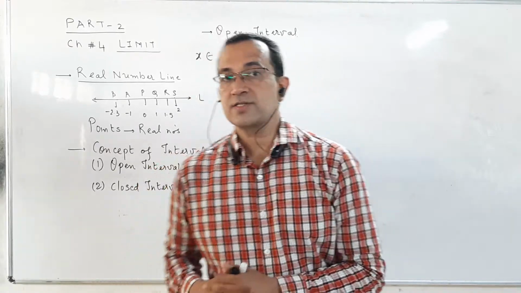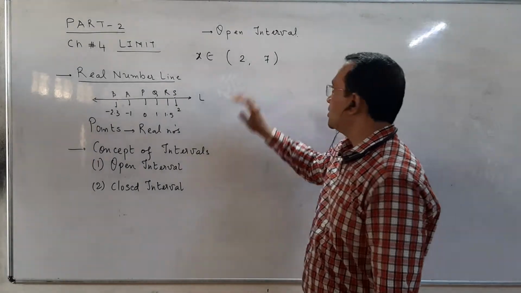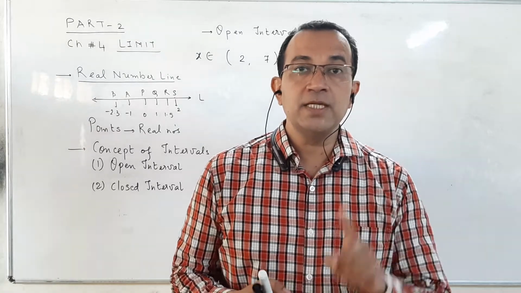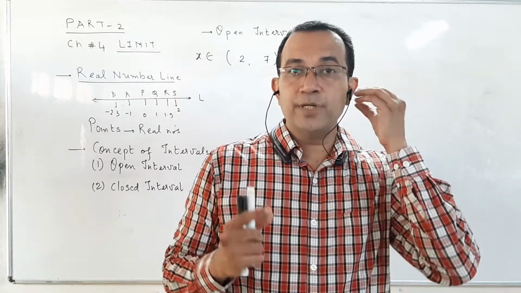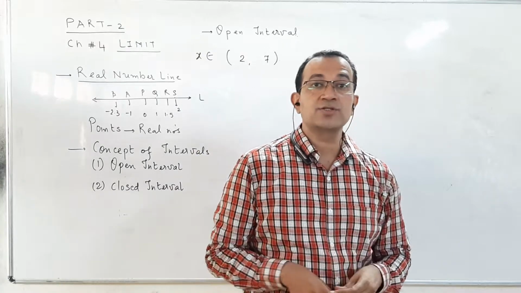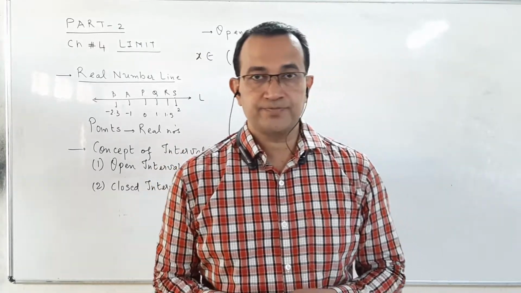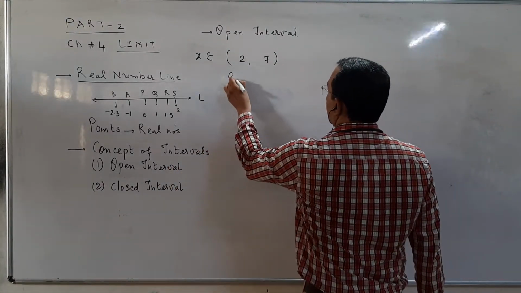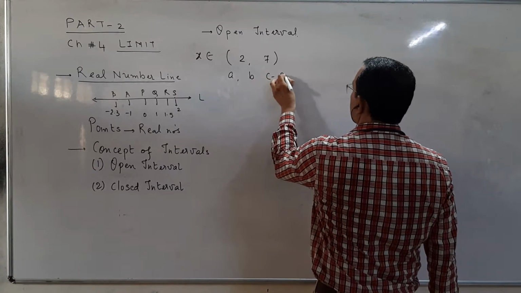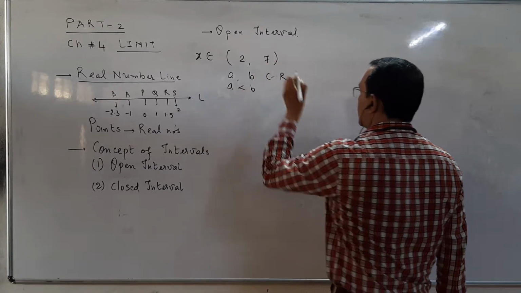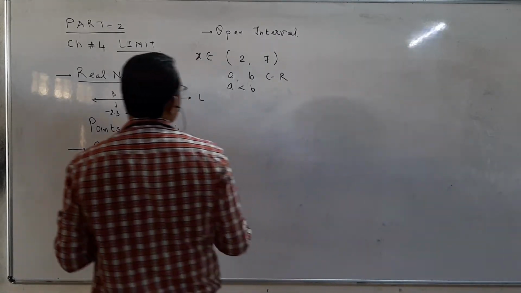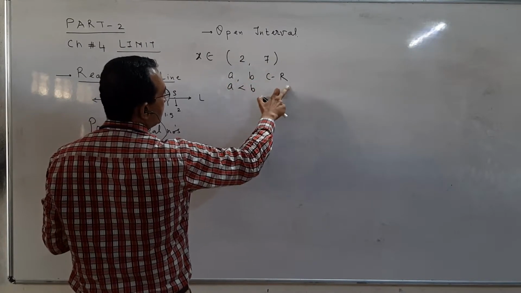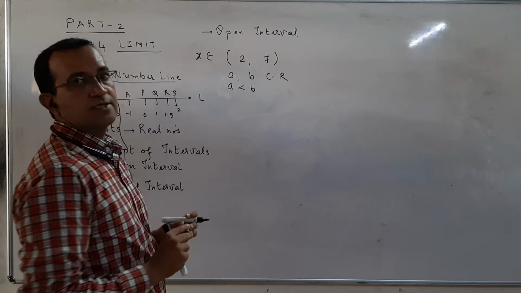So if I say, students, x belongs to open interval 2, 7, x can be any real number between 2 and 7, students, excluding 2 and 7. So the definition is, let A and B be real numbers such that A less than B. As per our example, you can understand A as 2 and B as 7. A and B are real numbers and definitely 2 is less than 7.